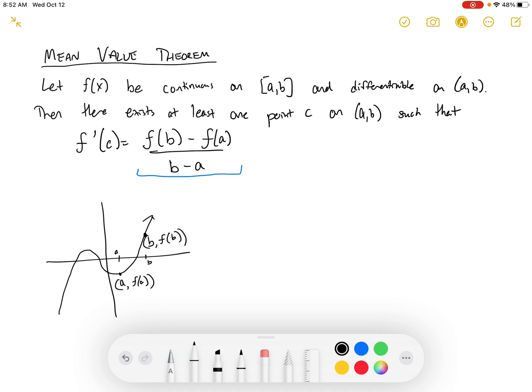If we remember back to our Algebra 1 days, when we had this notion of slope, we call this a secant line. Secant line just means it intersects in at least two places.